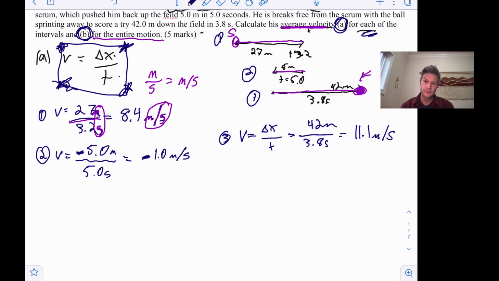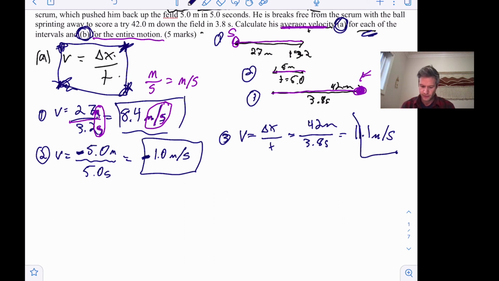Now, one thing that you want to be careful of that you can't do is just take each of these answers that we came up with and find an average. You can't say 8.4 plus a negative 1 plus 11.1 divided by 3.